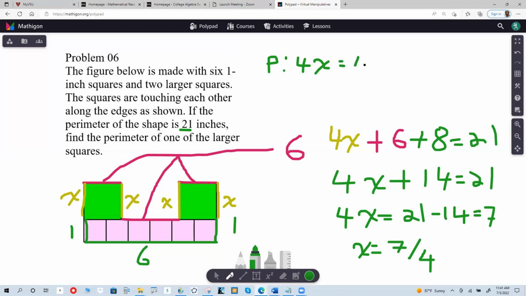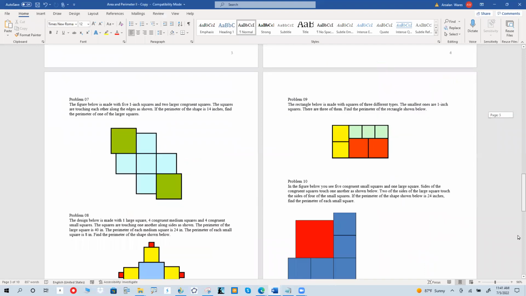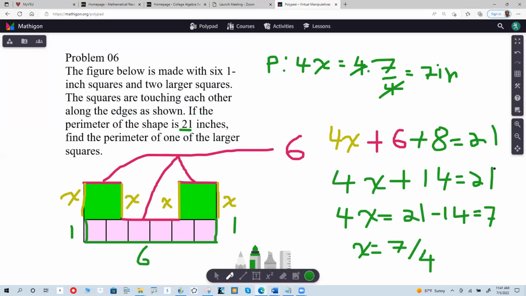X is 7 over 4. And the answer is 7 inches. I'm going to check my answer first. Number 6 is 7 inches, hopefully. Yep, we got it right. So here we have our number 6, all taken care of.